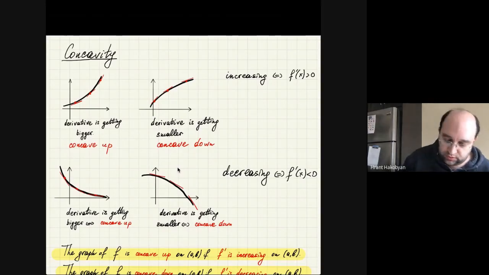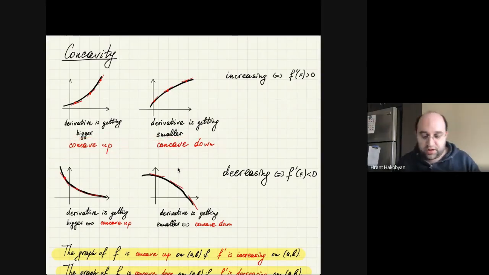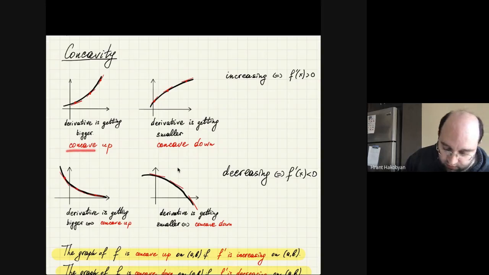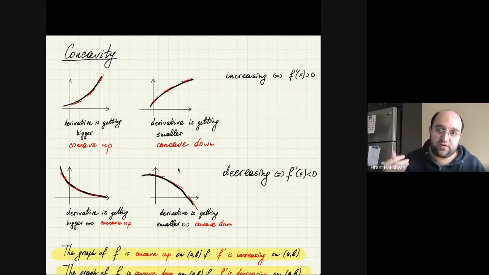So what about concave up or concave down? You don't do that with the first derivative, you do it with the second derivative. Because what is concave up? It means that the derivative is increasing. So that means the derivative of the derivative is positive.